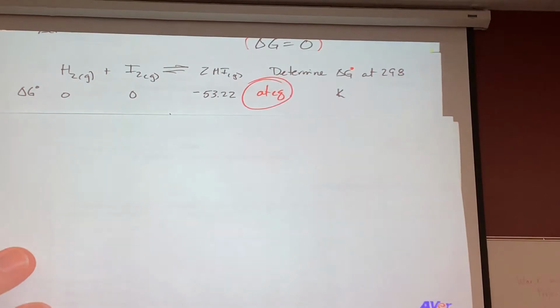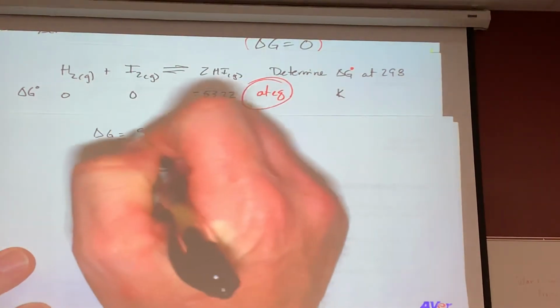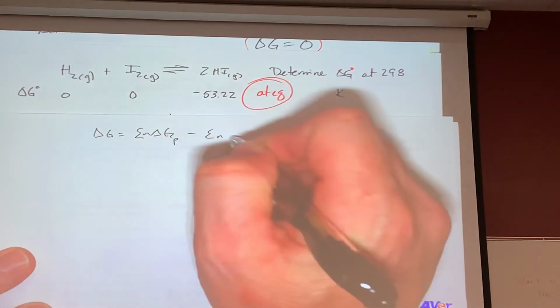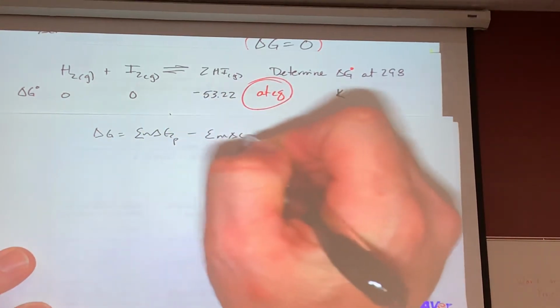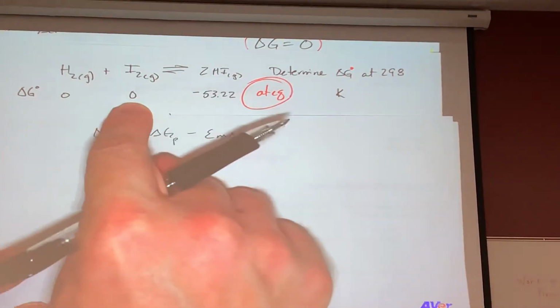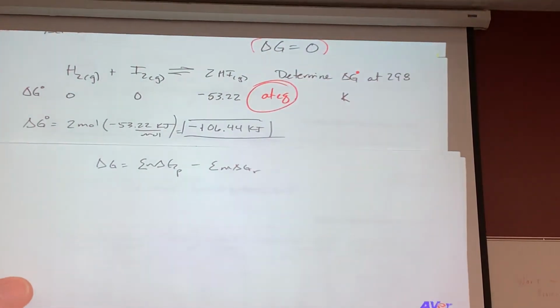And delta G naught for the equation, remember, is the sum of delta G products minus the sum of delta G reactants. The reactants are 0, and you've got twice that number. That's where I get the negative 106.44.